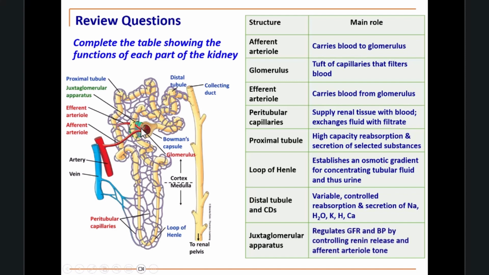So it's helping to regulate glomerular filtration rate, regulate blood pressure by controlling renin, remember part of the renin-angiotensin-aldosterone system, but also afferent arteriole vasoconstriction and dilation, and to a lesser extent efferent dilation and constriction. Hopefully you got all of that. And if you got all of that, you know the kidney.